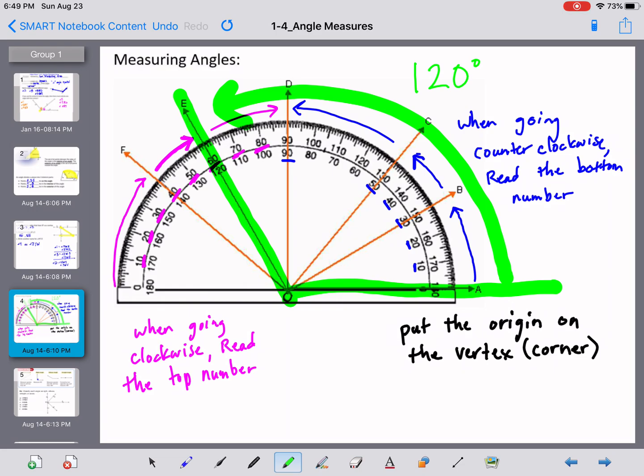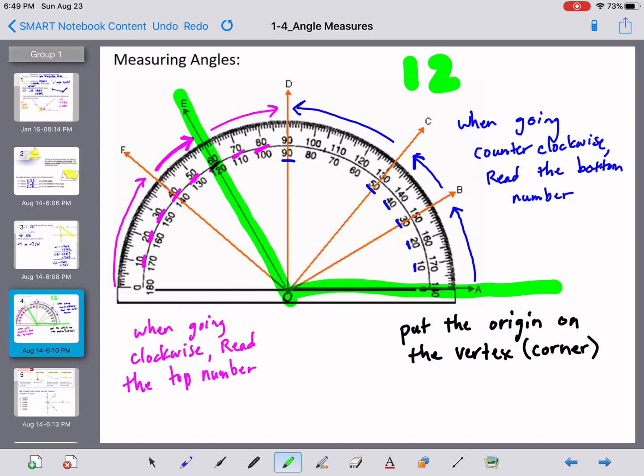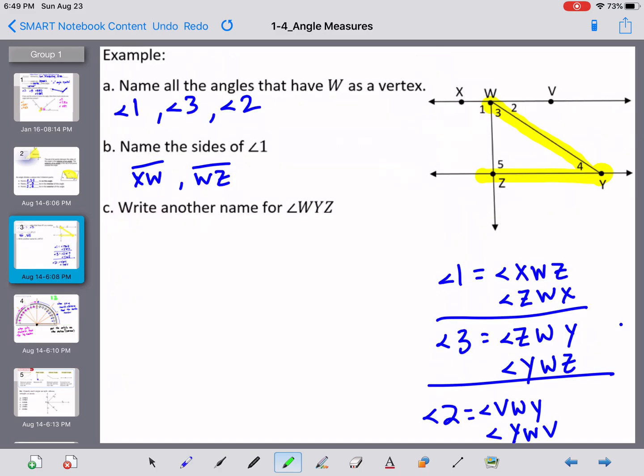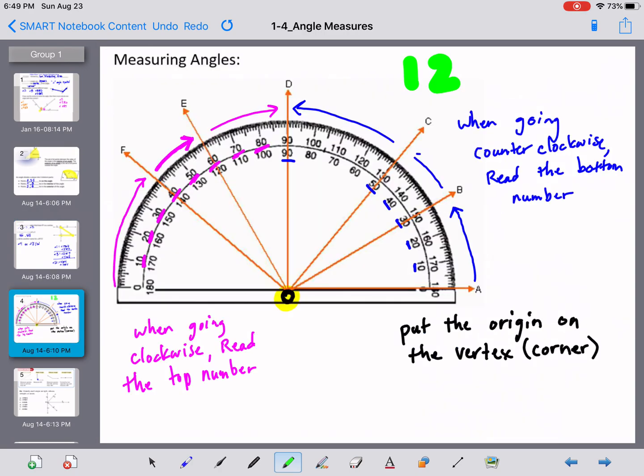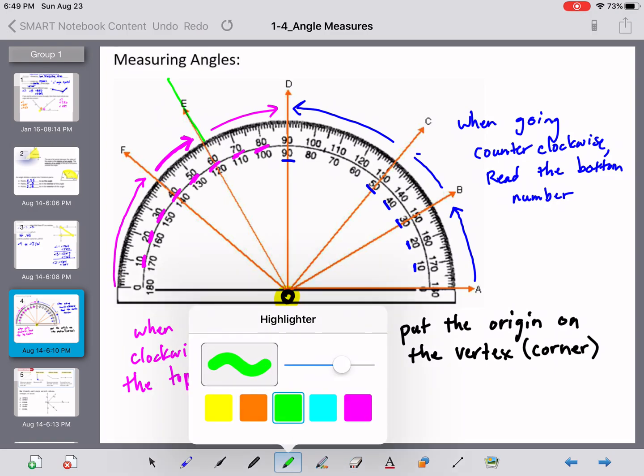All right. So let's undo some stuff. I'm going to redo that. Now let's look at it from this way. I need my marker. I want it to be bigger.